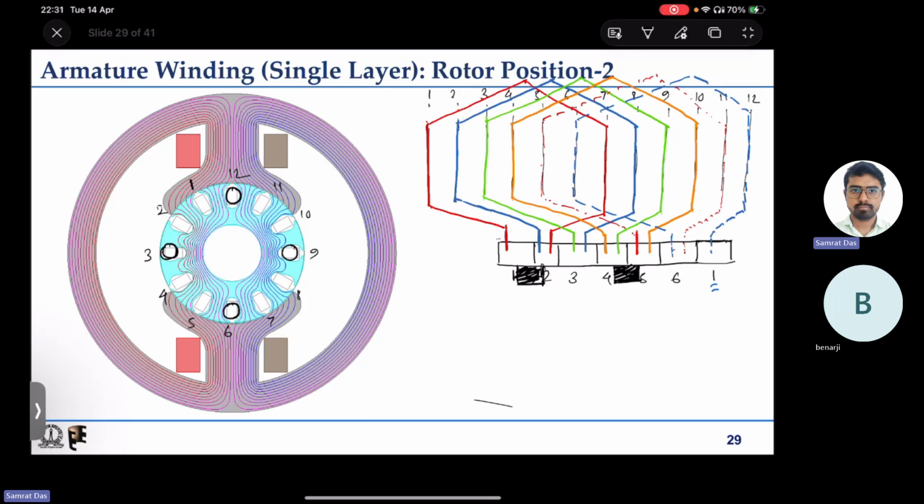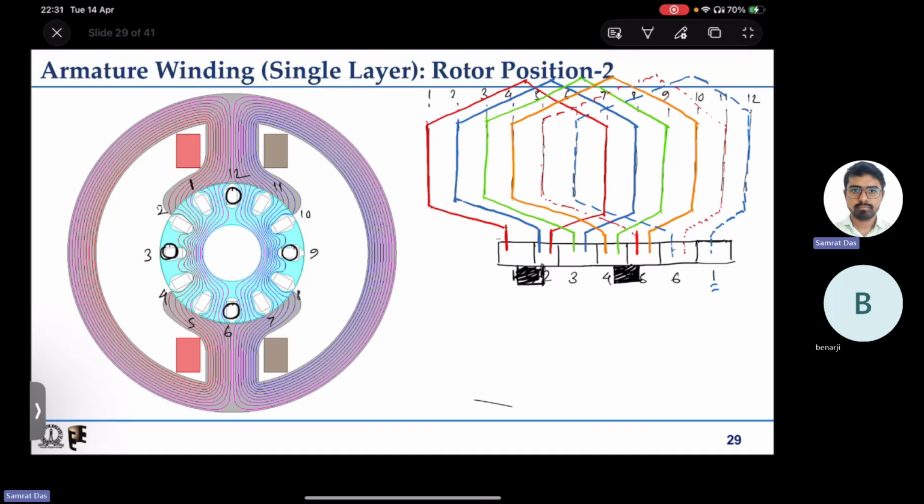So 6 is where? 6 is this blue one, right? Okay, let us continue. So at this rotor position, coil 3 is having the zero induced EMF, and coil 6 is having the maximum induced EMF.